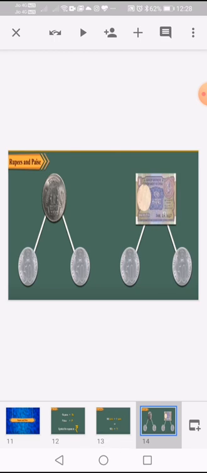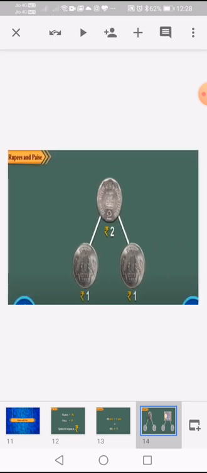Now look here, these are coins of rupees 1, 2 50 paisa equal rupees 1. Again look here, this is a paper currency and metal currency of rupees 1. Now look here, this is rupees 2, 1 rupee plus 1 rupee, we will get rupees 2.